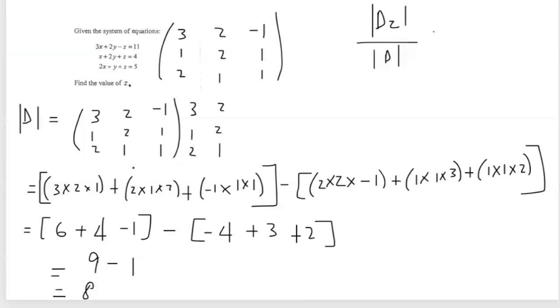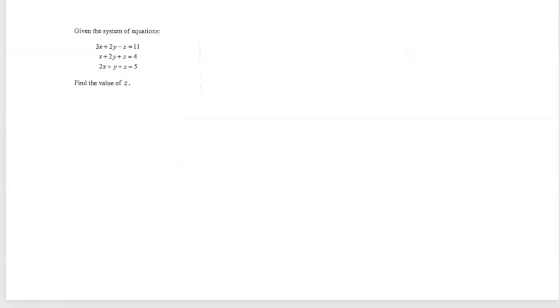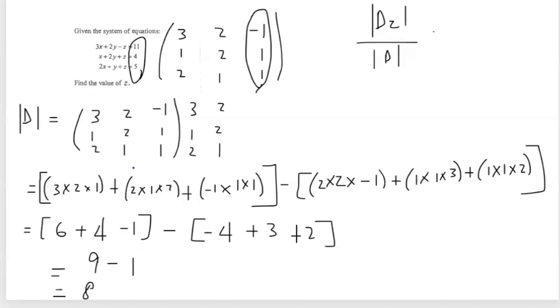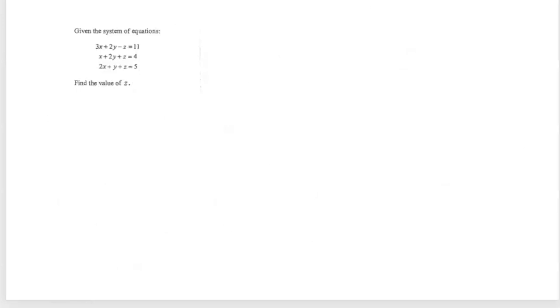Now we need to find the determinant of z, so we have to remove the last column and replace it with 11, 4, and 5. So this is the matrix. If we remove this and replace it with 11, 4, and 5, we are going to create the determinant of this 3 by 3 matrix.